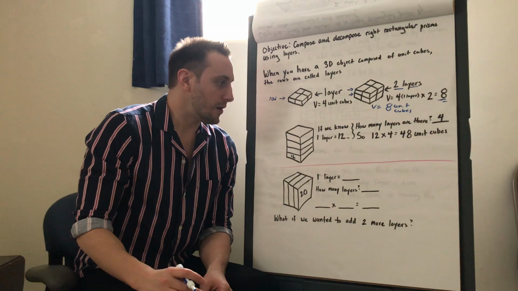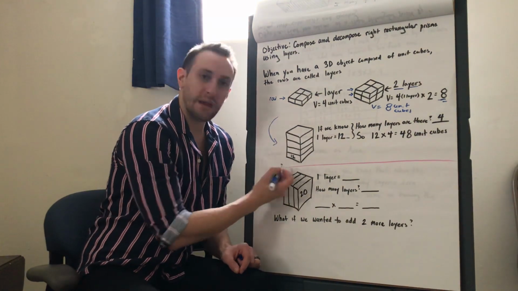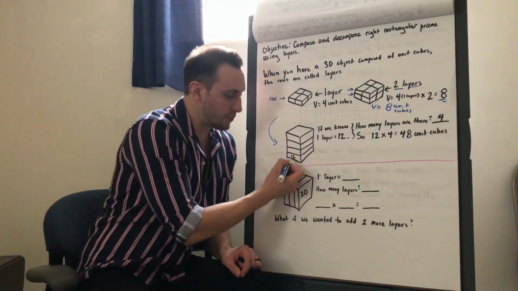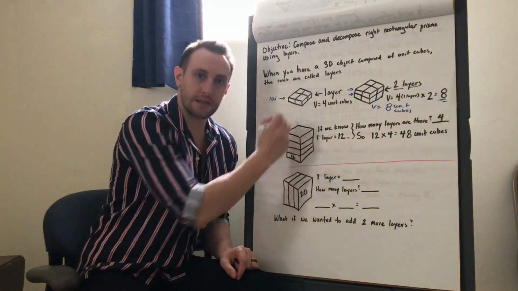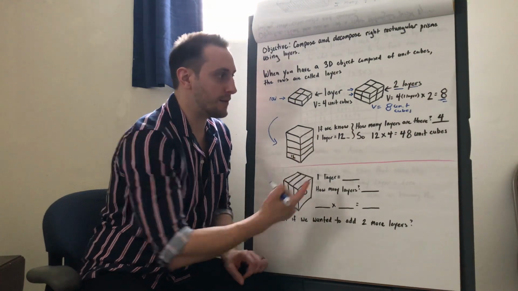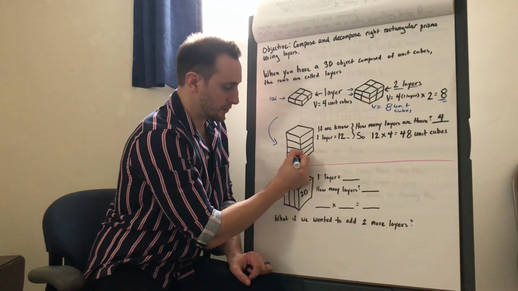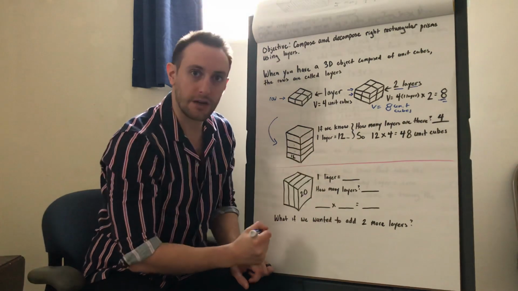If we know that one layer, for example in this one now, equals 12, we can figure out the volume pretty simply. So if we know it's 12, how many layers are there? Well, let's count them: 1, 2, 3, 4 layers.